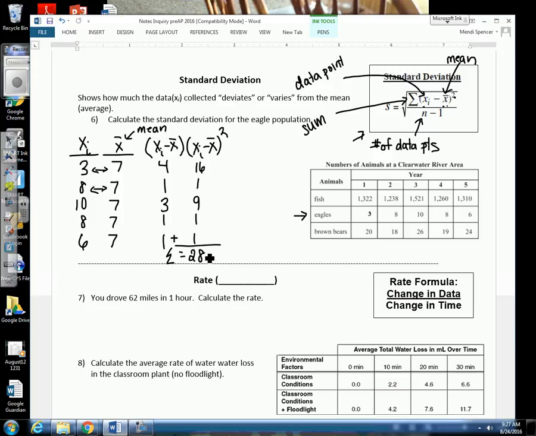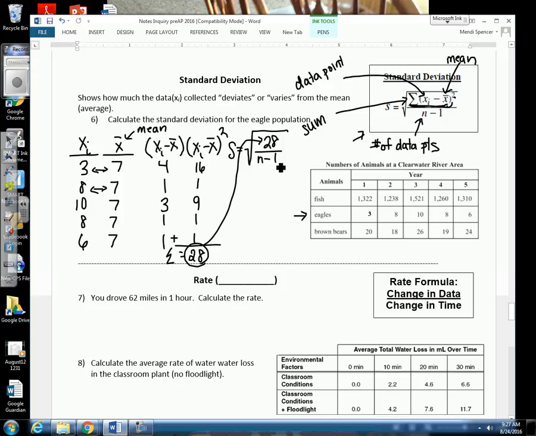Going back to my equation here. So standard deviation equals, we have that square root. This number that you calculate here becomes the top number in this equation. It becomes this part right here, the top number. So I'm going to put 28 divided by n minus 1. Now let's go back to what this n is.